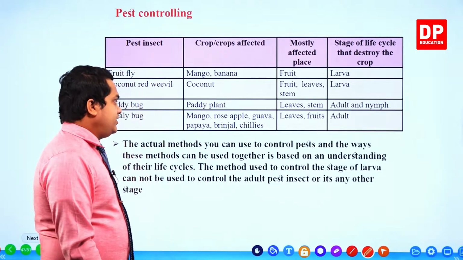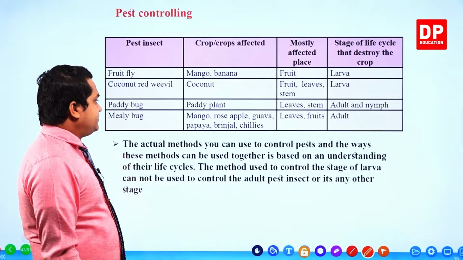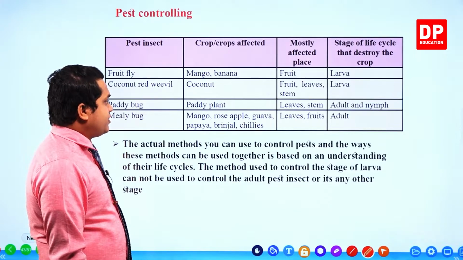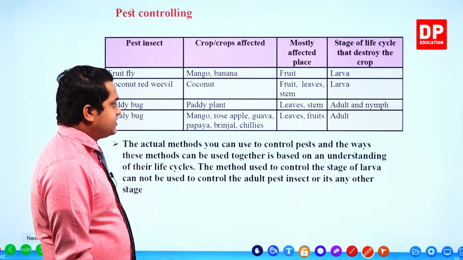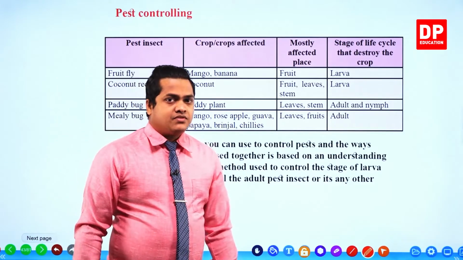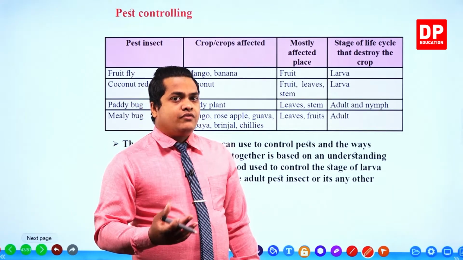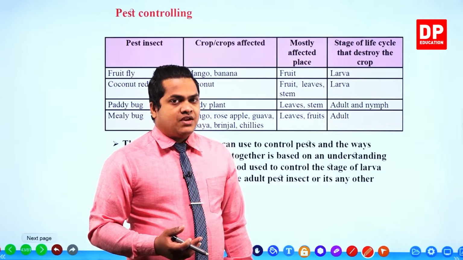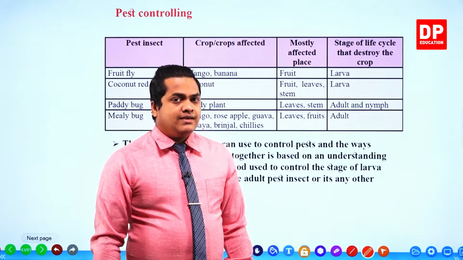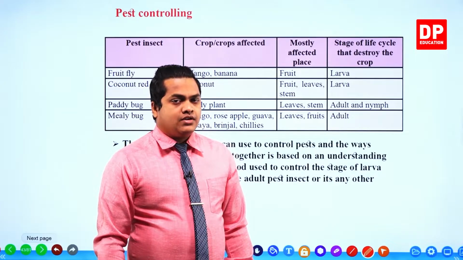Then the next one, the mealybug. Mealybug destroys mango, rose apple, guava, papaya, brinjals and chilies. Most of the time, fruit-like plants are destroyed by the mealybug.